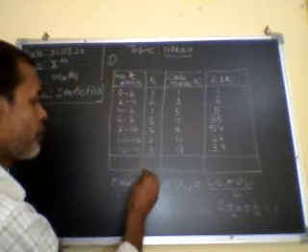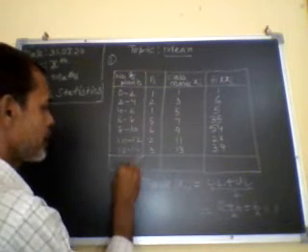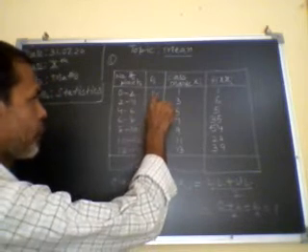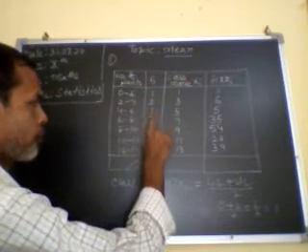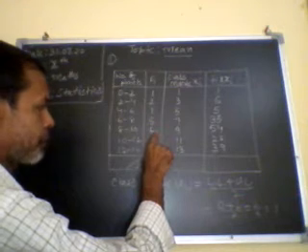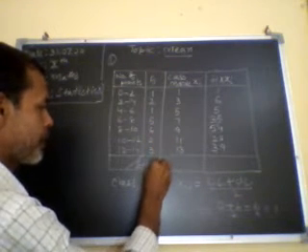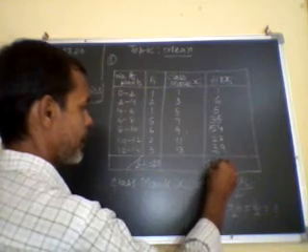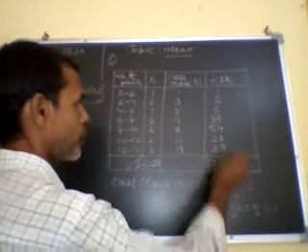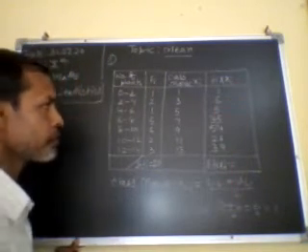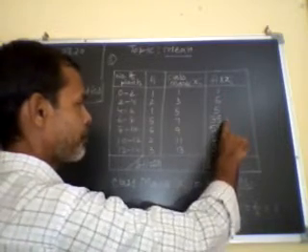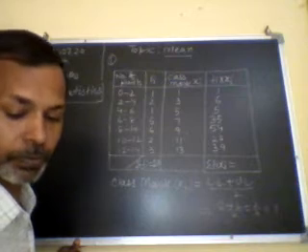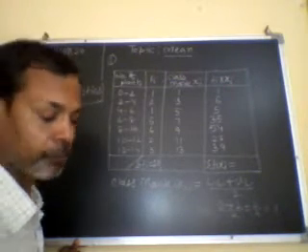Now we require sigma fi. Sigma fi is 1 plus 2 is 3, plus 1 is 4, plus 5 is 9, plus 6 is 15, plus 2 is 17, plus 3 is 20. Now sigma fi xi means the total of these values: 1 plus 6 plus 5 plus 35 and so on. The sum of these values becomes 162.